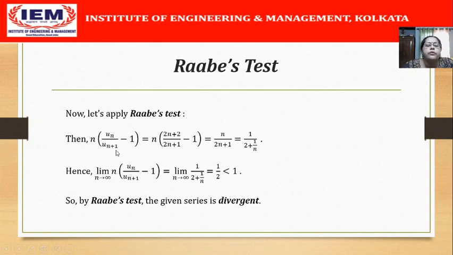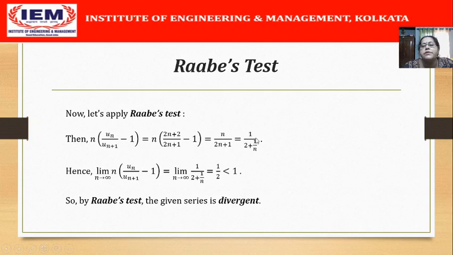So for Raabe's test we have to use this expression now, n multiplied with un by un plus 1 minus 1. And using the expression of un plus 1 by un, what we had in the previous slide, we can now write this. This will be 2n plus 2 by 2n plus 1 minus 1. And when you simplify, we get n by 2n plus 1.